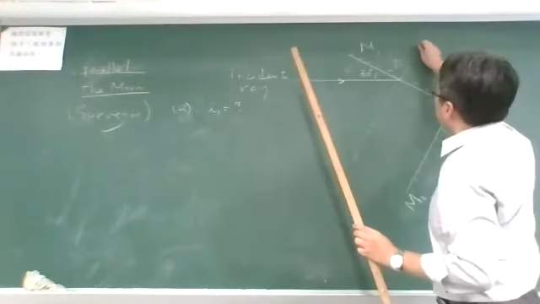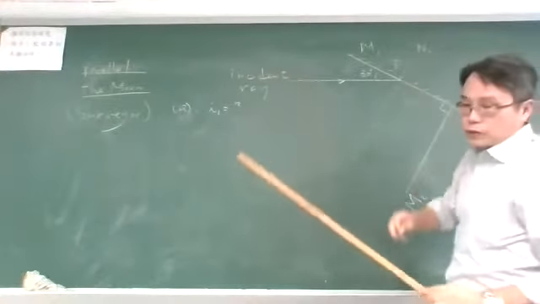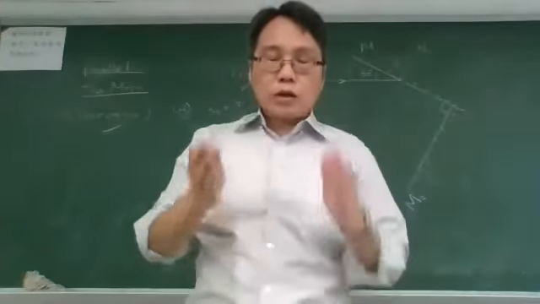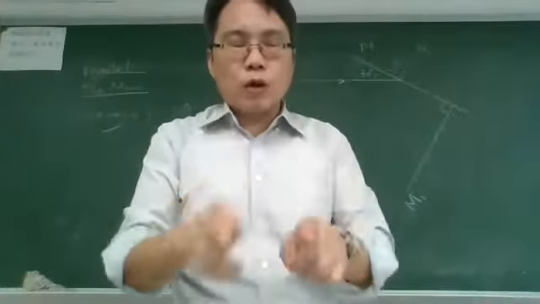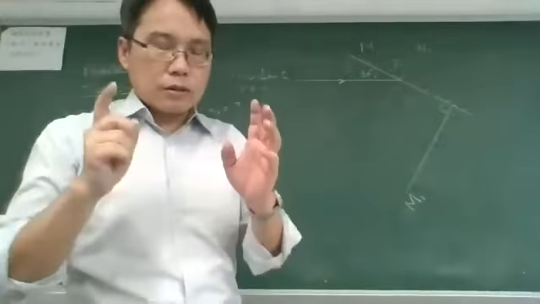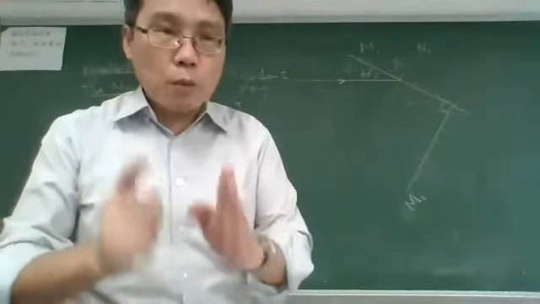The line perpendicular to mirror 1 at the point of contact, I call this normal line 1, N1.